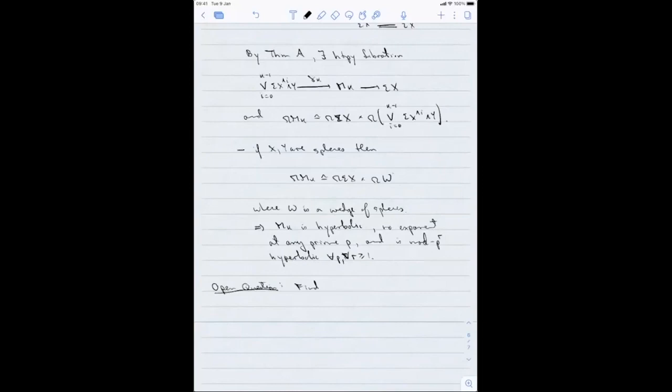So it's unlikely that in our lifetimes, anybody will completely solve Moore's conjecture, but what you might do is find families of spaces that satisfy it.